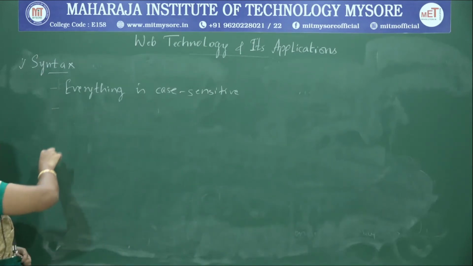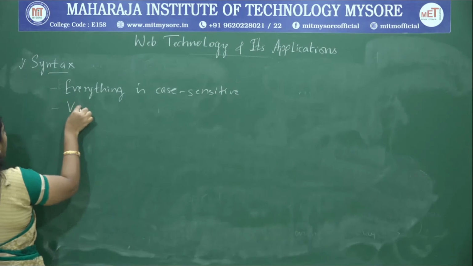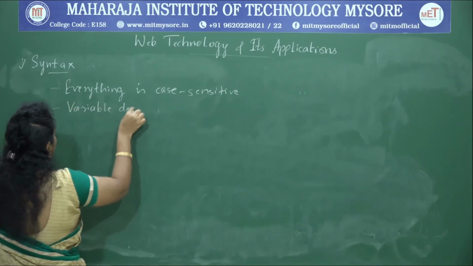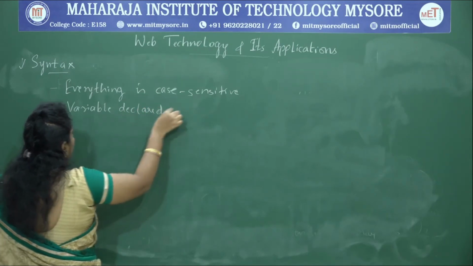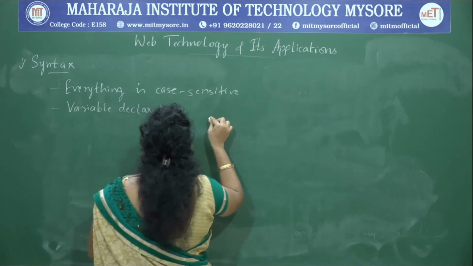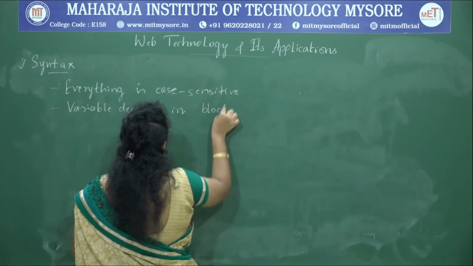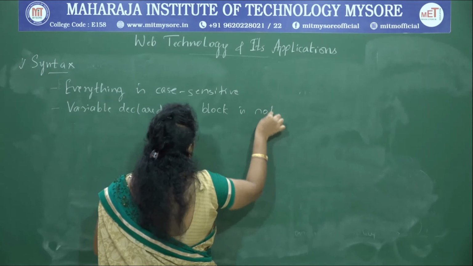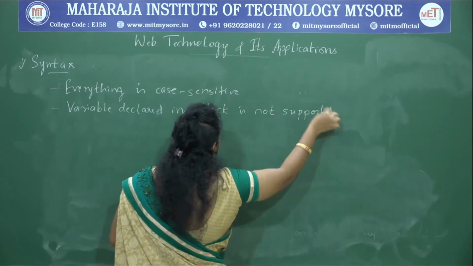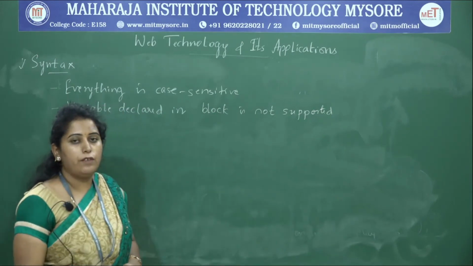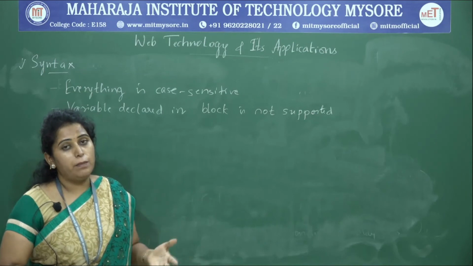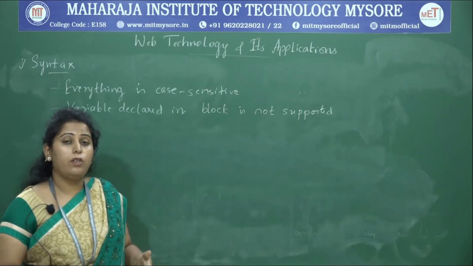Second one is variables declared in block is not supported. In the sense, if you have declared a variable inside a loop, that variable is accessible outside the loop also.